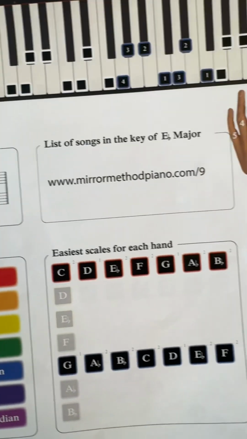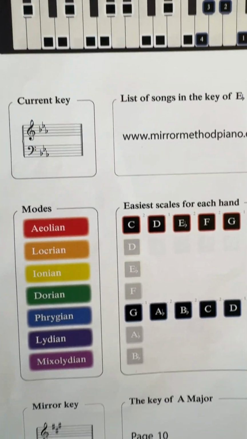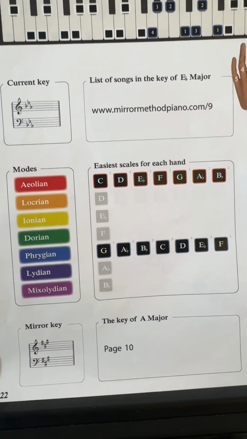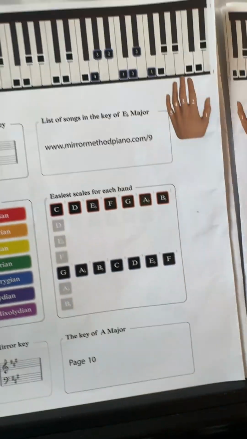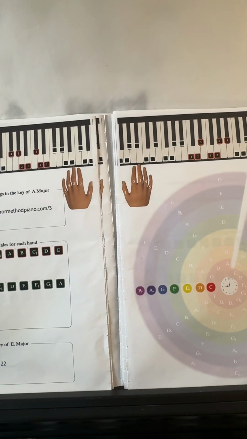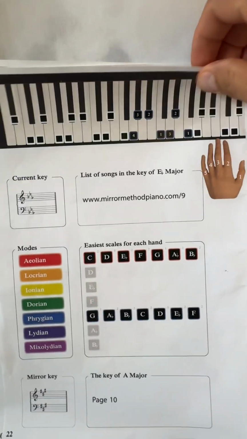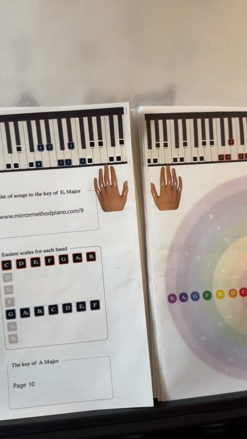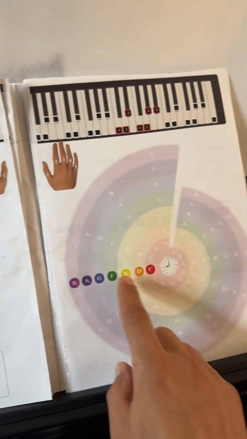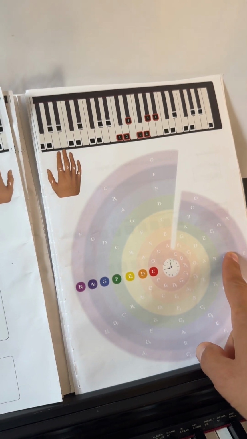And again, the Aeolian mode, aka the minor scale, I think is the most magical one, because in every single key, no matter which one you're in, it's always going to mirror the key that's sitting on the other side of the circle of fifths.